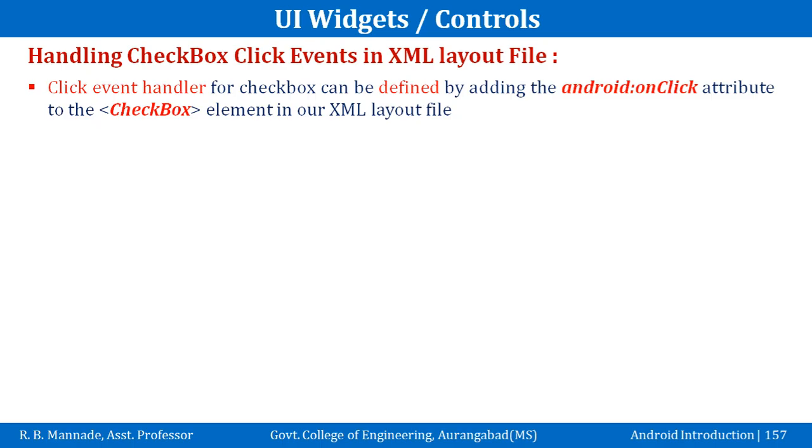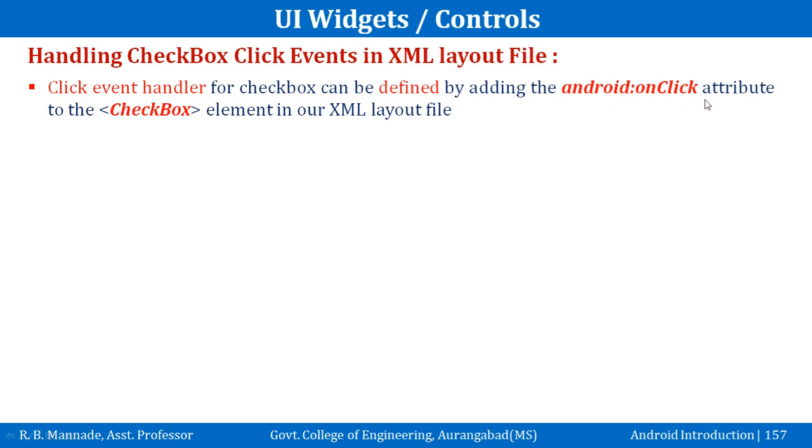So in the XML layout file, in order to implement click events, the click event handler for checkbox should be defined by adding an attribute called onClick. It means android:onClick. Remember here, in the word onClick, the first C of click should be a capital. And this attribute should be set in the checkbox tag.